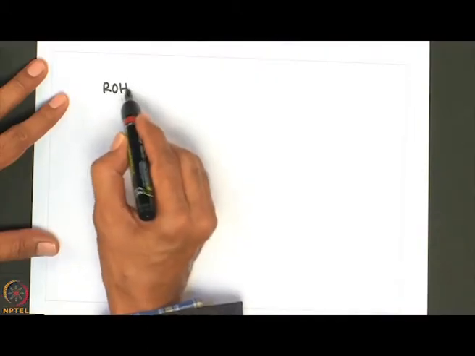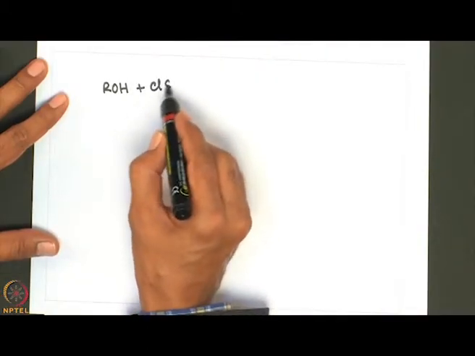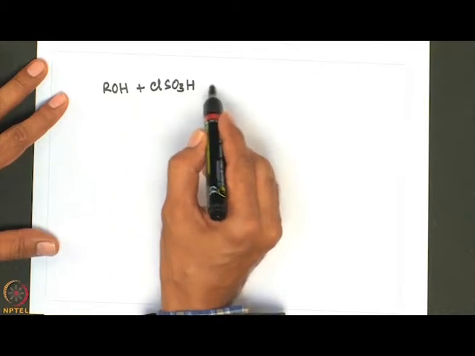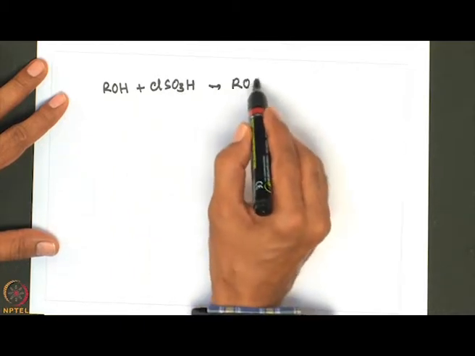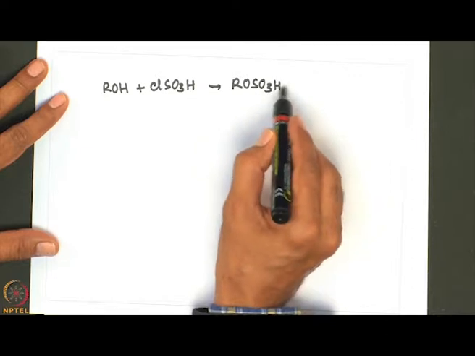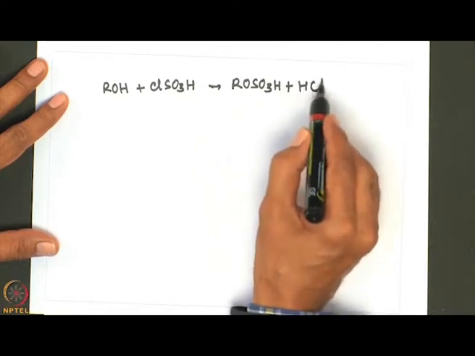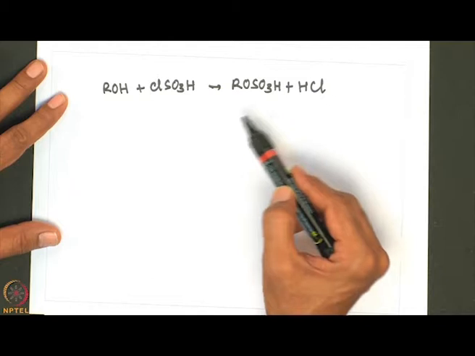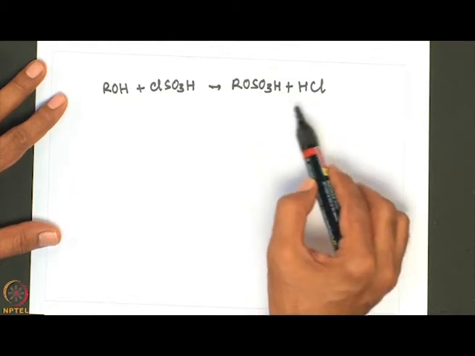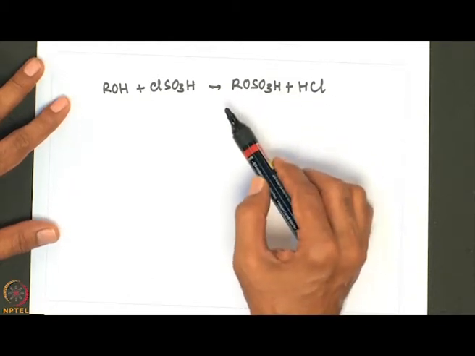For example, ROH plus ClSO3H gives ROSO3H plus HCl. Okay, so one can make here methyl or alkyl.